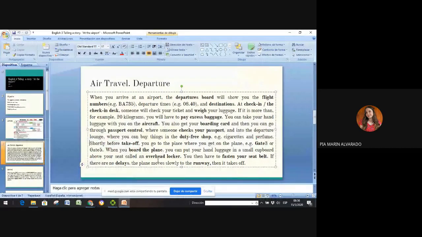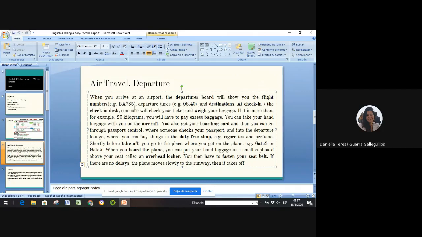Shortly before take-off, you go to the place where you get on the plane, in gate 3 or gate 5. When you board the plane, you can put your hand luggage in a small cupboard above your seat called an overhead locker. So you have to fasten your seatbelt. If there are no delays, the plane moves slowly to the runway and then it takes off.